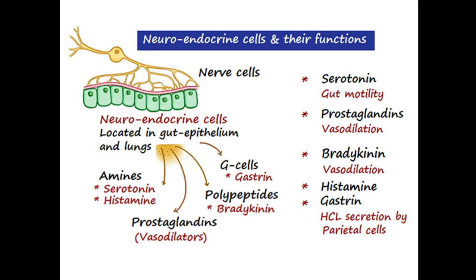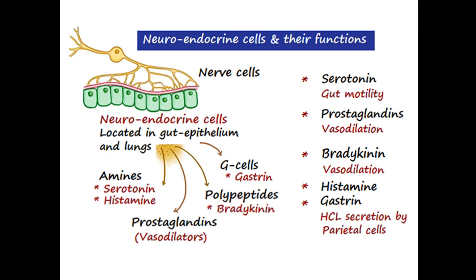The polypeptides include the bradykinin, which is a component of the kinin system that we have discussed during inflammation. This bradykinin itself causes vasodilation, and it has an effect in flushing, the sign that is commonly seen in carcinoid syndrome, characterized by the red appearance of the face and facial region.